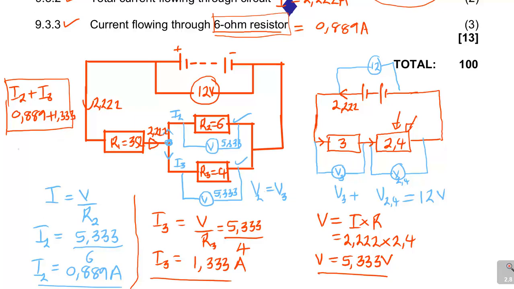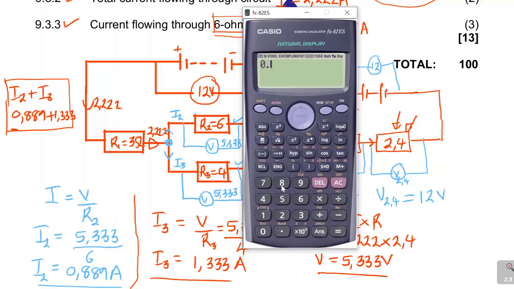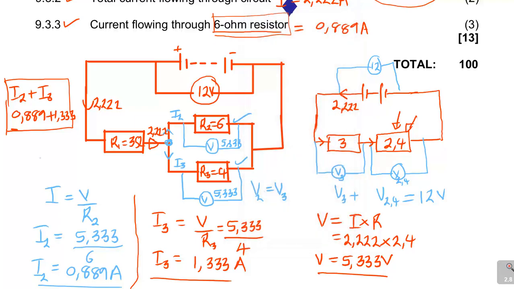I'm getting 2.222, meaning I am correct in that sense.